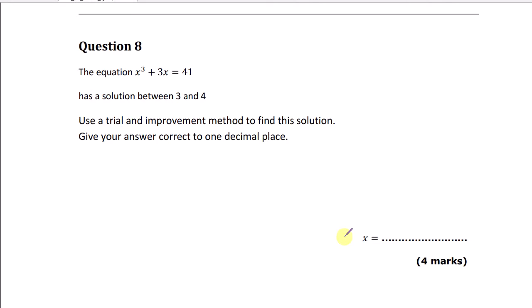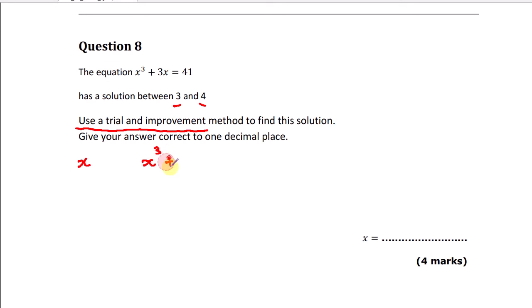Right, we've got to do this equation now. It says use trial and improvement. Trial and improvement means that if you are going to do this, you must record the values you try. Now we've already been told that 3 and 4, one's too small, one's too big. So let's make a table for our values.